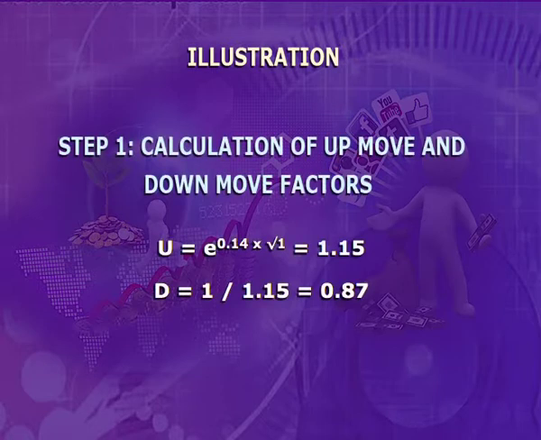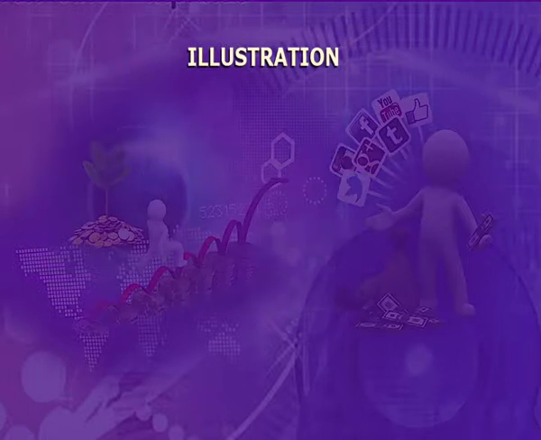Step 1. Calculation of up move and down move factors. U is equal to e raised to the power 0.14 into square root of 1, which is equal to 1.15. D is equal to 1 divided by 1.15, which is equal to 0.87. Step 2.